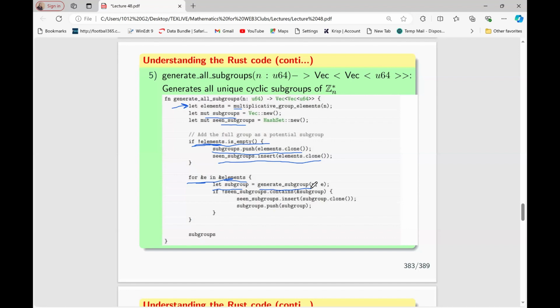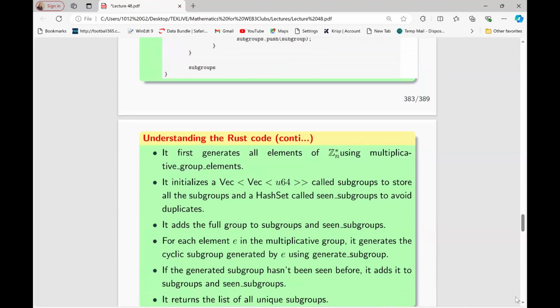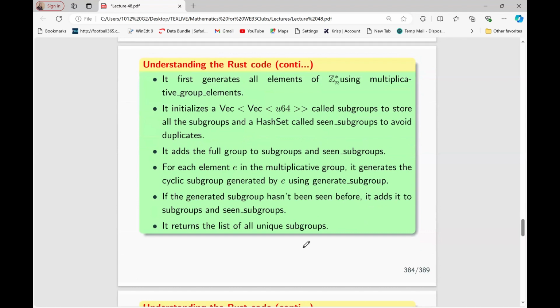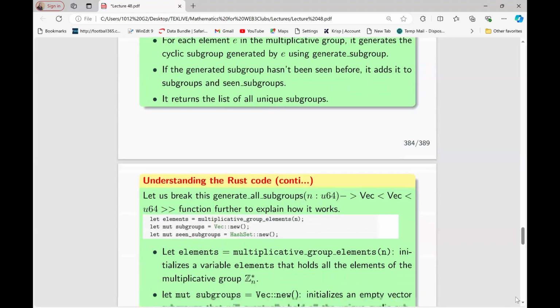It gives it E to generate the subgroup generated by E. So it gives it E to give what subgroup E generates, and so on. I already explained those ones. And the main function again, we already explained what it does.